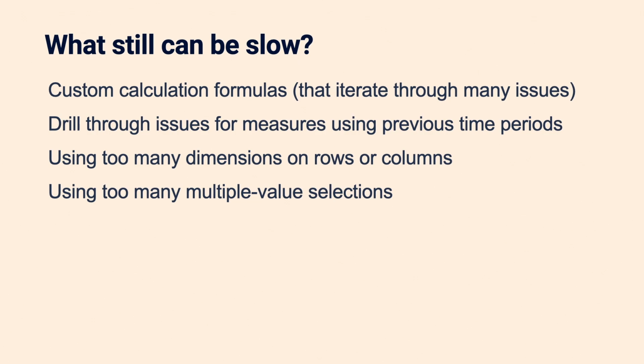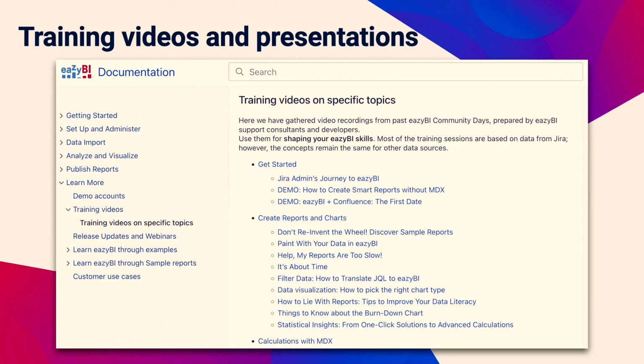So not everything will be magically fast, but therefore we always recommend to use as much as possible the standard measures that we have created and checked to be fast. And we always recommend going through the training videos and presentations that we have, especially on how to write efficient custom calculations if you still need them.